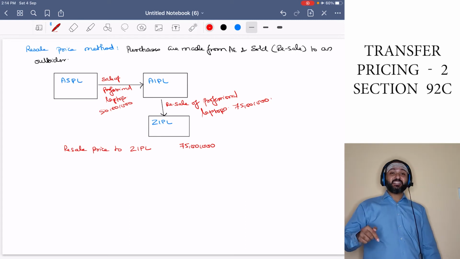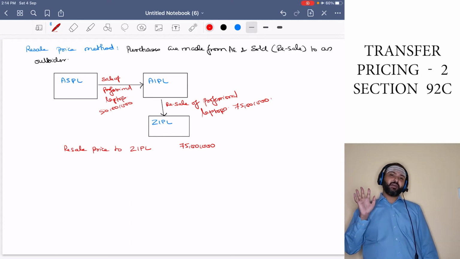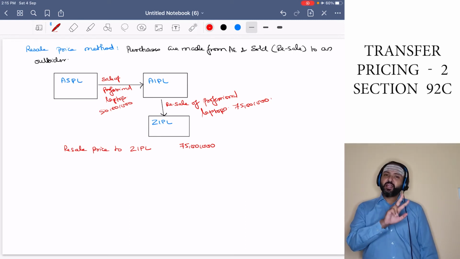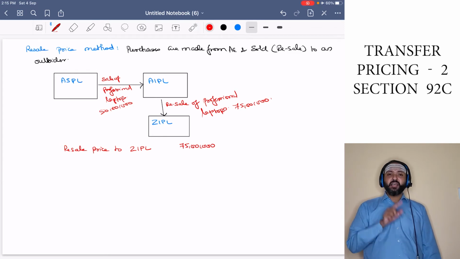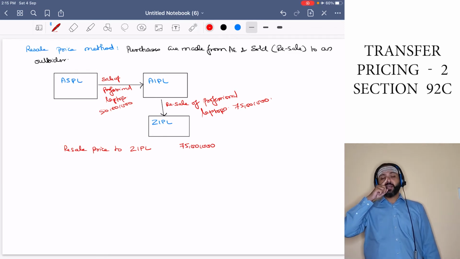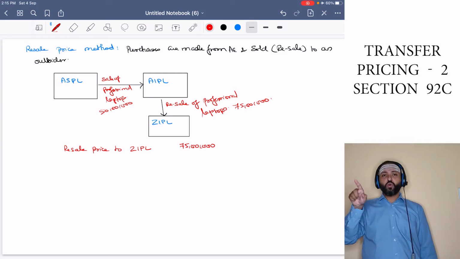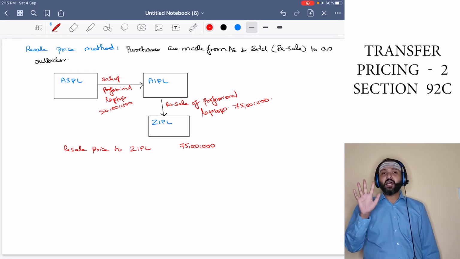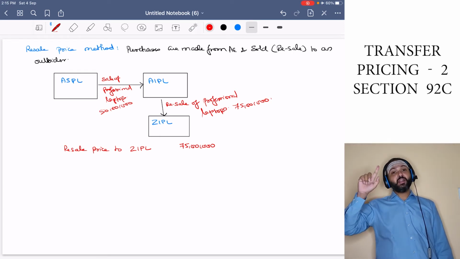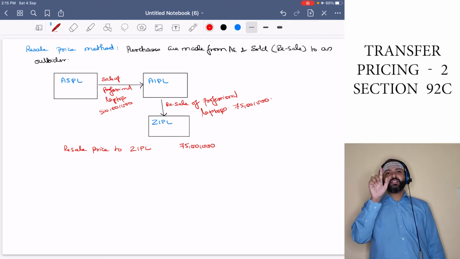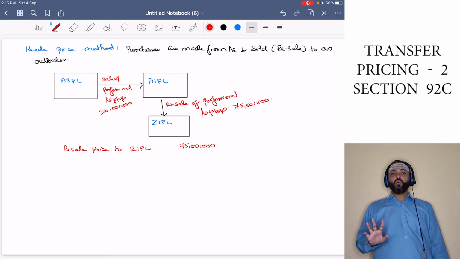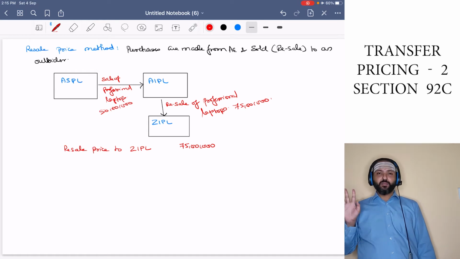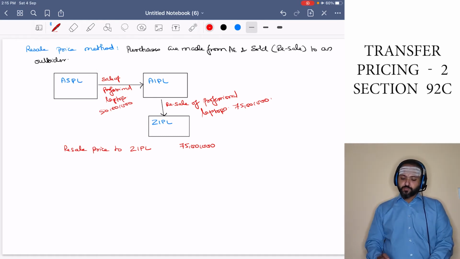But in this transaction, what has happened? They have purchased from a related party or an associated enterprise, and they have sold it to an unrelated party. So the transaction as a whole is not at arm's length. The sale might be at arm's length, but the purchase could be questionable. So now we are going to check whether it is at arm's length. So how do we do that?